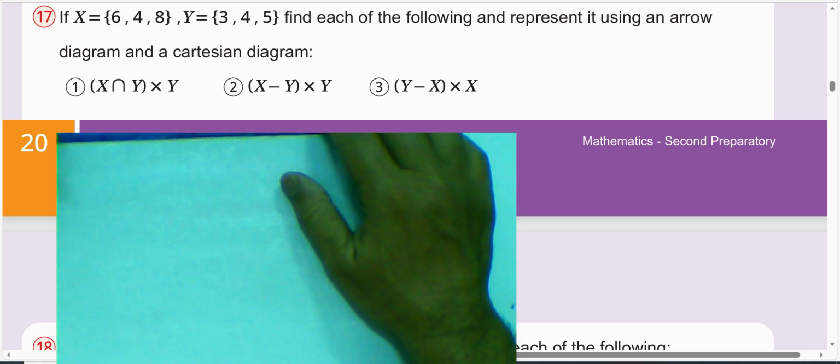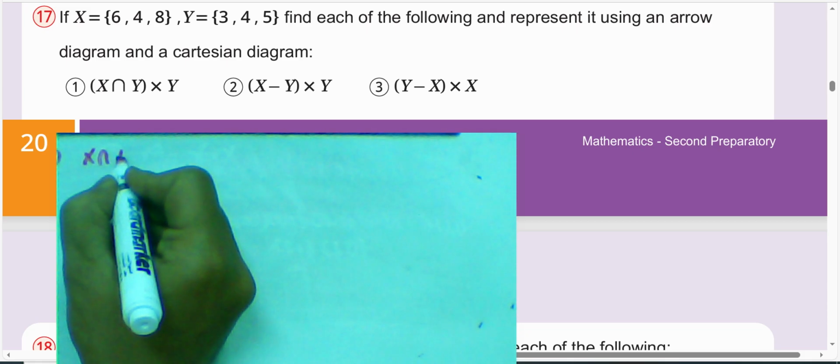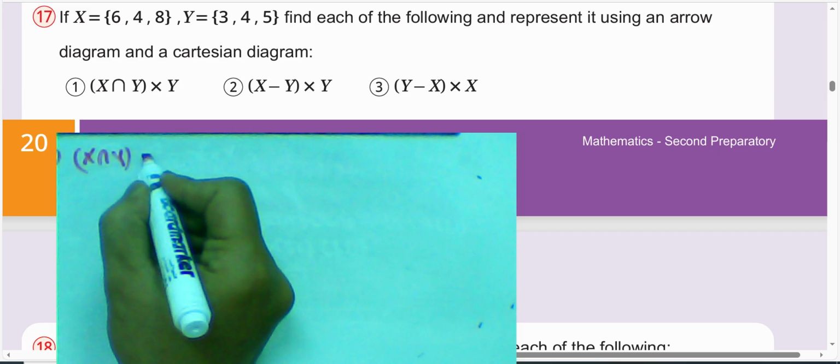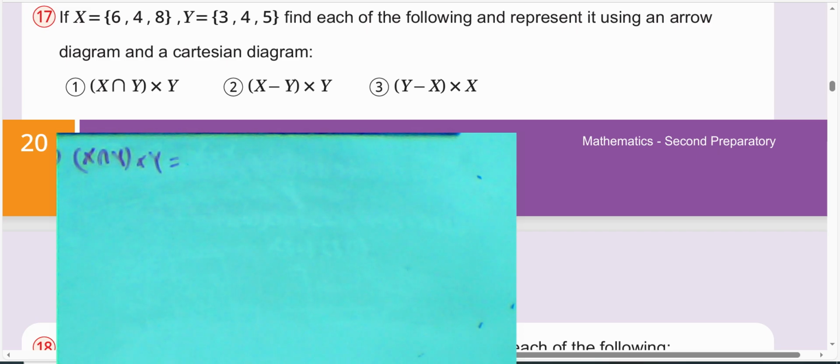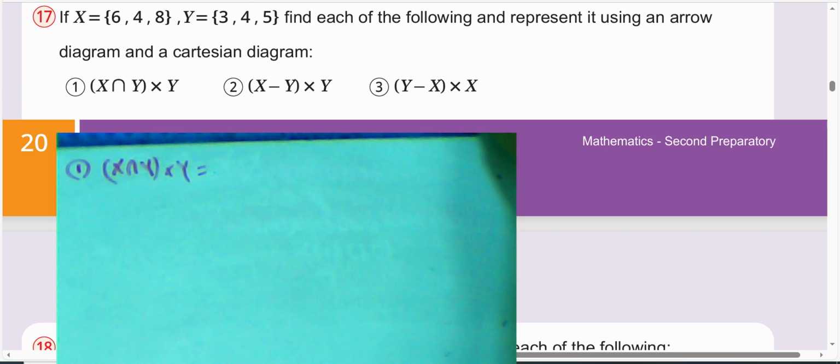Okay, next question. We have three sets. We want to find number 1, x intersection y Cartesian product with y. The intersection between x and y is 4.